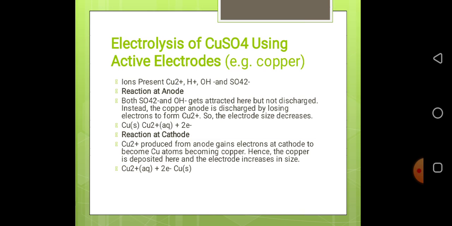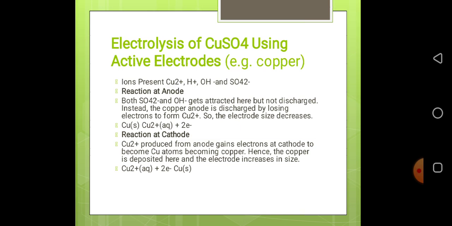While at the cathode, the copper 2 ions produced from the anode gain electrons at the cathode to become copper atom, becoming copper. Hence the copper is deposited there and the electrode increases in size. So make sure you understand this.